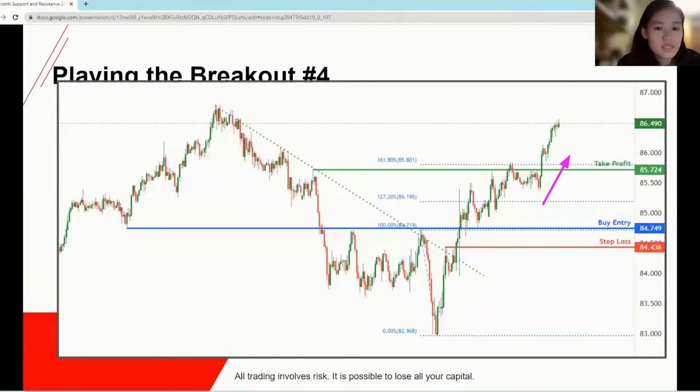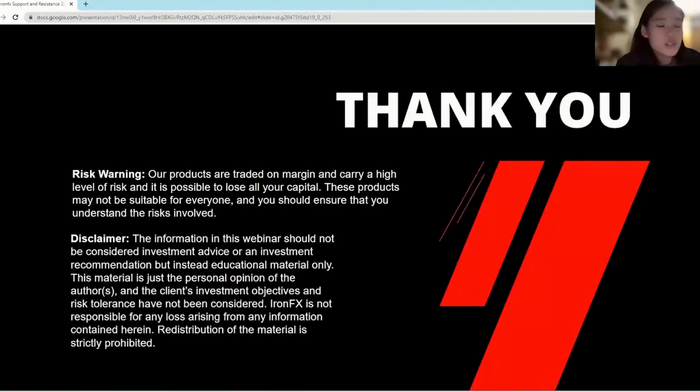Okay, that's our last example for this webinar, but I'm just going to pull out a couple of charts to show you guys how you can combine all of these levels for your trading strategies as well.